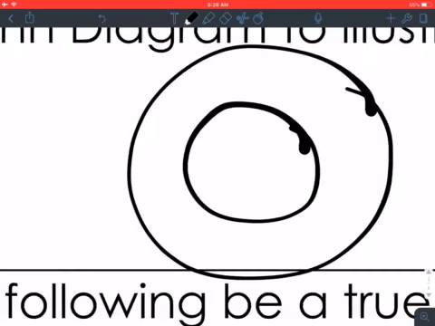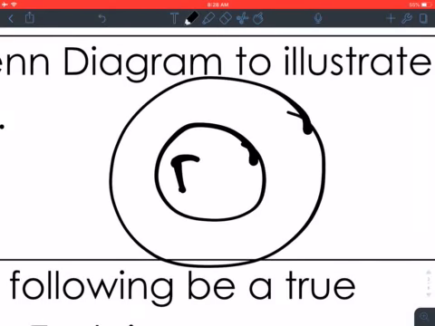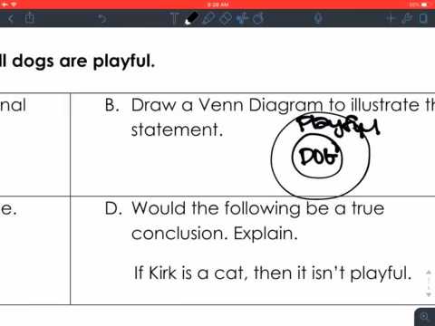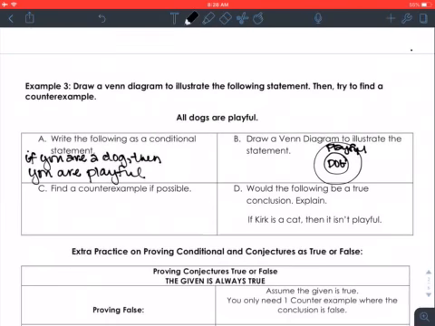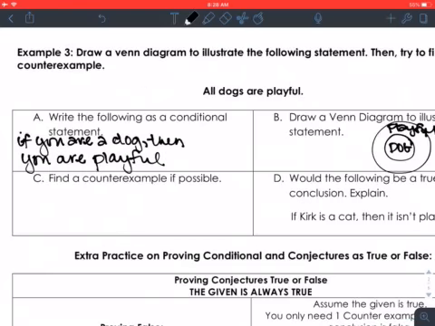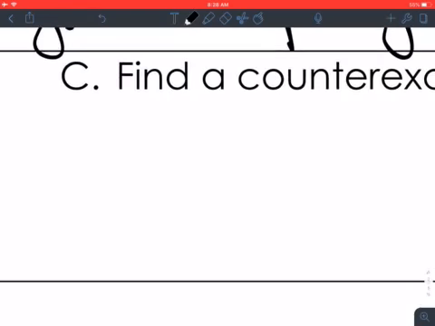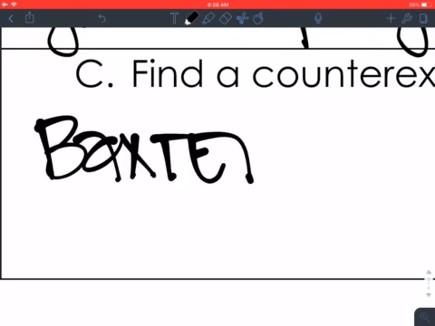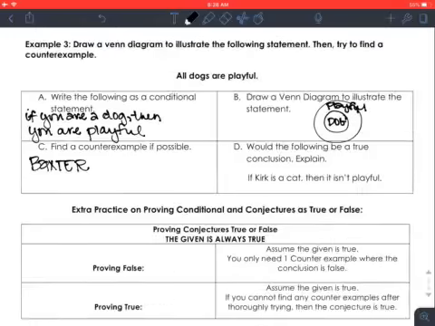But what this is saying is that our hypothesis is going on the inside, so dog, and playful is on the outside. So that's saying that of all the playful creatures, dogs have to be playful, all right? Now, a counterexample would be to find a dog that isn't playful. So in my second period, we talked about Baxter, and Baxter is a pup who doesn't like to play. He's very sleepy, okay?